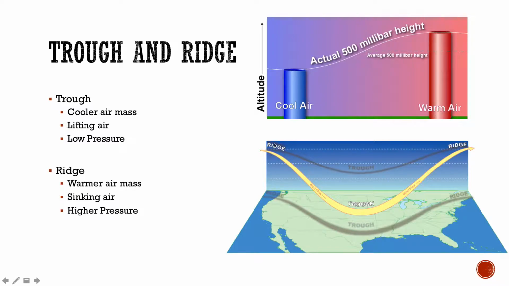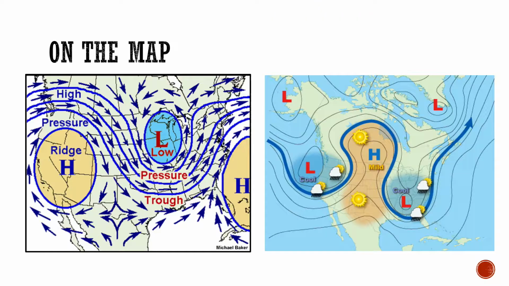So up here becomes 500 millibars for a high pressure ridge, and a low pressure trough lowers the height of that pressure down into a trough. The main thing to take away from all this is when you hear the word trough, think low pressure or bad weather. When you hear ridge, it's a ridge of high pressure, which often means fair weather.